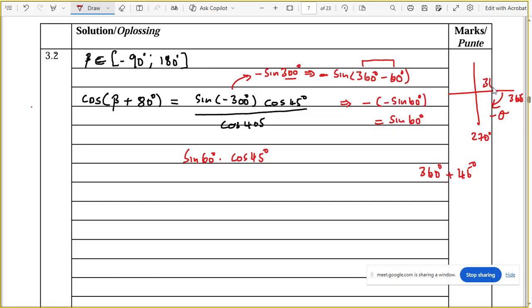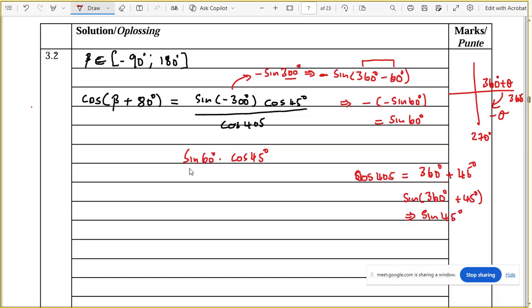So 360 plus theta, that's quadrant 1. So we can write the cos 405 to be the cos of 360 plus that angle. So now cos is positive in quadrant 1. This will change into the cos of 45.